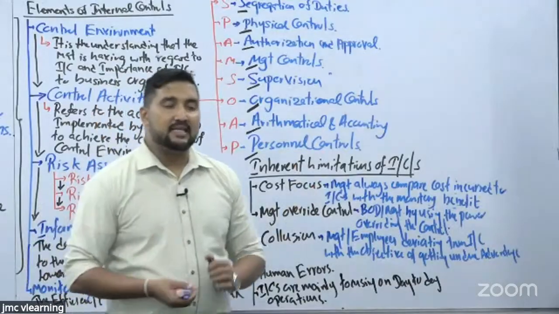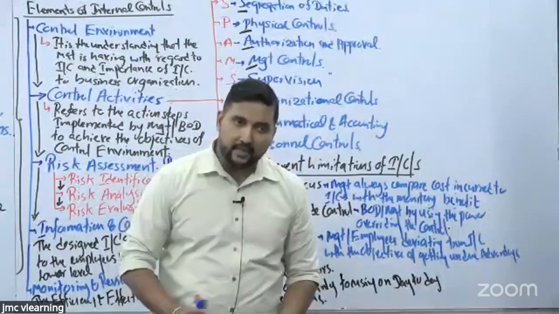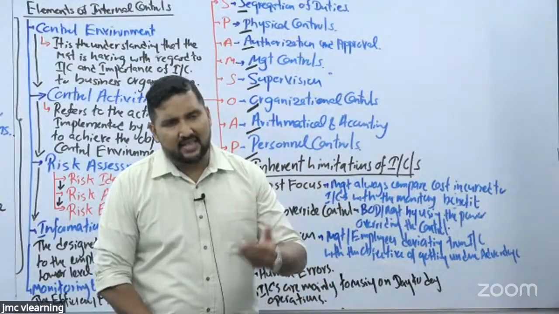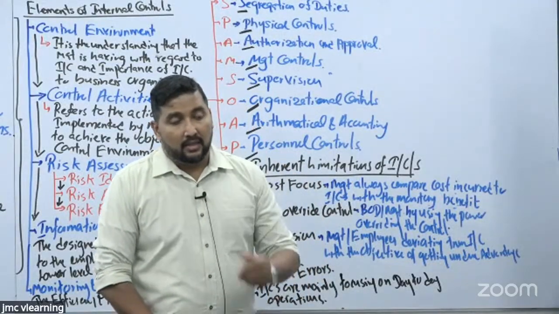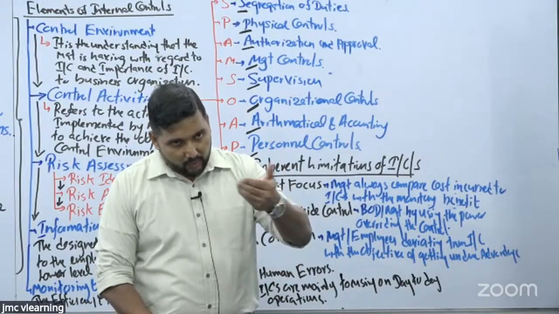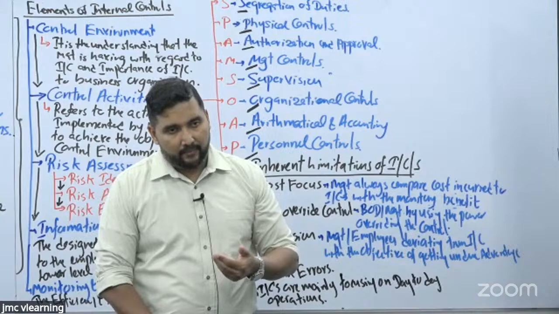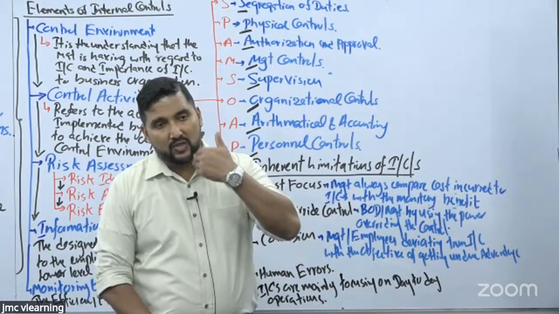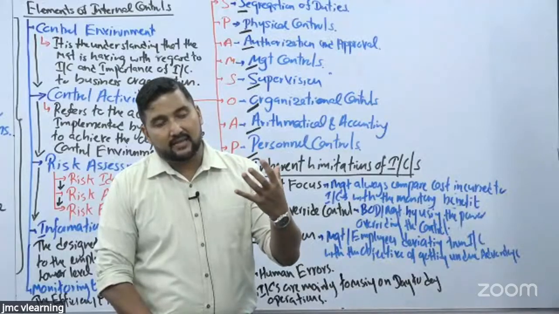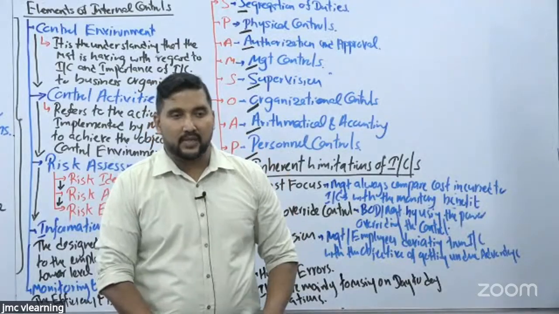Okay, let me give a classic example. Let's say a sales representative. Take all these examples to your mind. A sales representative takes the goods from the company, goes outside and sells the goods. The agreed price, the standard price, is 100 rupees.